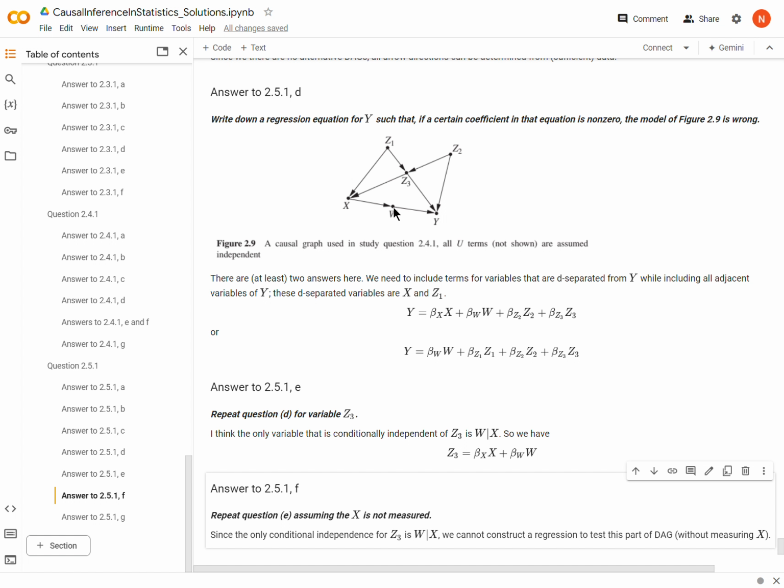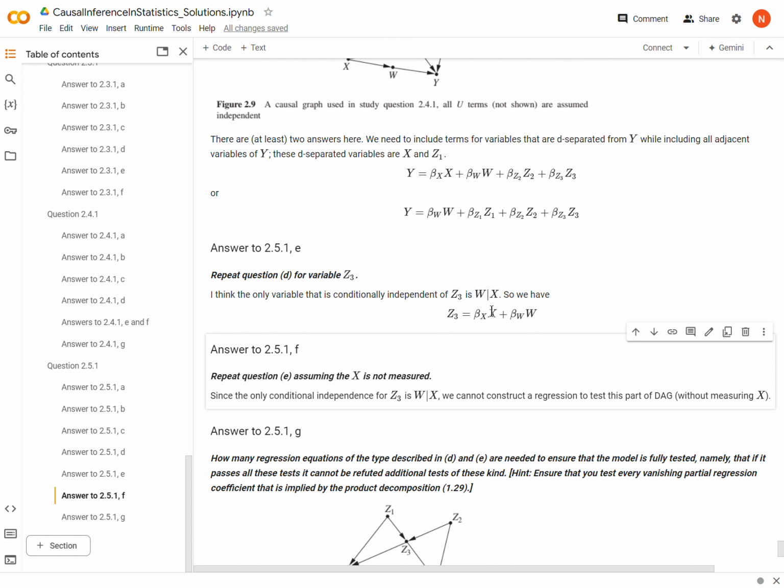Here, w is I think the only thing that is conditionally independent of z3, and it is only conditionally independent given x here. And so if we can't measure x, the question is, can we still find a regression that could test that? And here the answer is no, because the only link between w and z3 is x. So if we can't measure x, we can't run a test on that particular conditional independency.